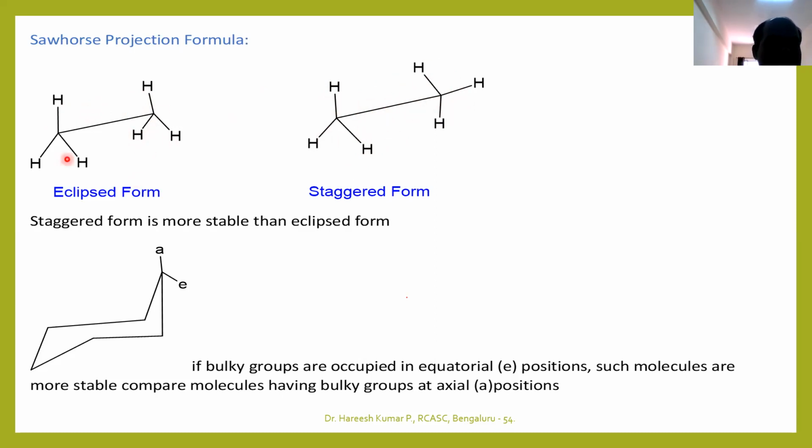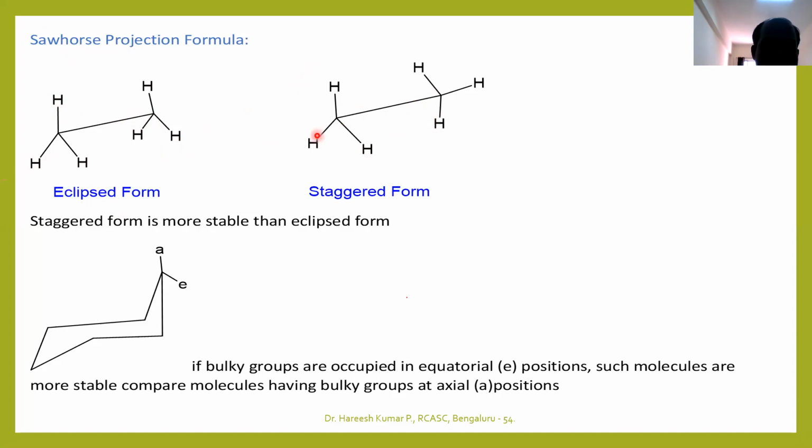And this form is the eclipsed form, and this will have strain because of the repulsion of this hydrogen and this hydrogen, this hydrogen and this hydrogen, this hydrogen and this hydrogen. Because of steric hindrance, this is less stable. Because of less steric hindrance, this is more stable. That's what we can say about Sawhorse projection formula.